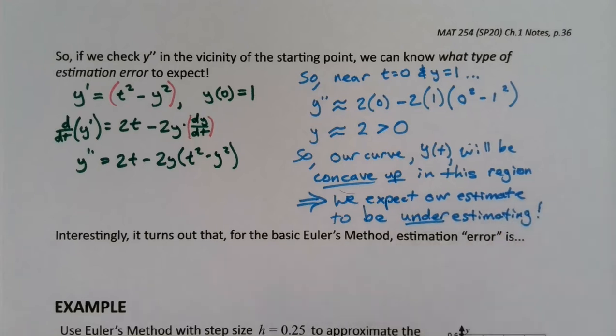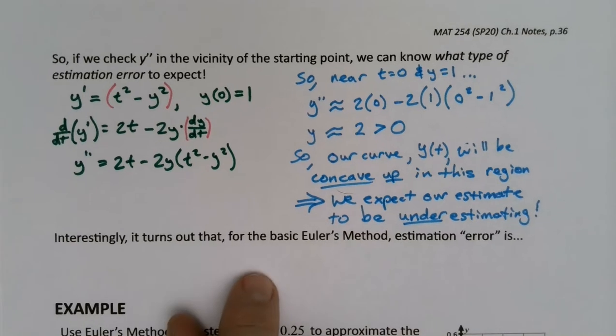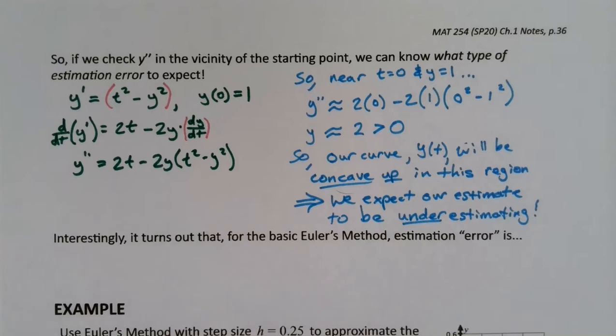Right? And thanks to that previous page where we were looking at the relationship between concavity and the type of error we expect, we can know that going into it. So we can account for that, or at the very least expect it. So interestingly, it turns out that for basic Euler's method computations, there's a couple of nice relationships.